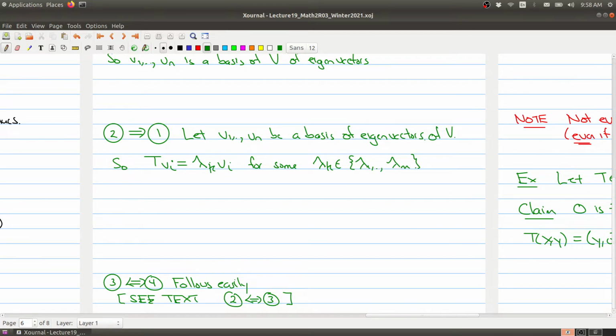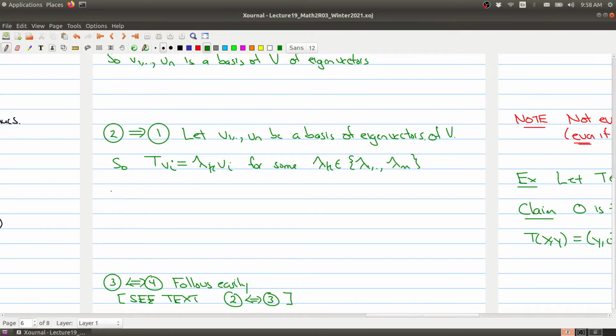I'm not exactly sure how they all get tied up, but each of v1 through vn is an eigenvector. When I multiply it, I should get a scalar multiple, and this scalar multiple should be one of my eigenvalues.